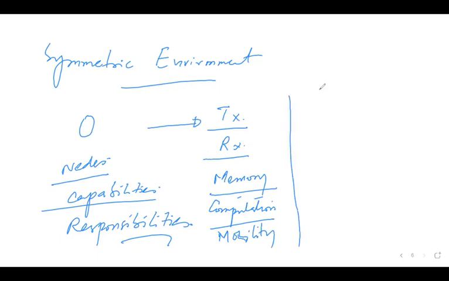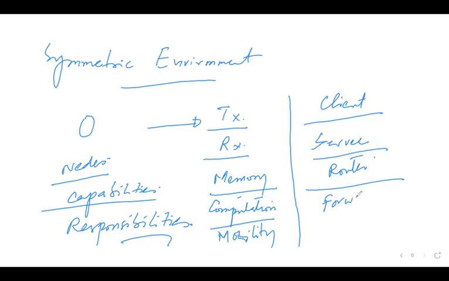While other responsibilities of these nodes are that the node may act like a client, the node may act like a server, it can act like a router or forwarding node. And it can also play the role of a group leader, or you can say the cluster head or group leader. So these can be some responsibilities.